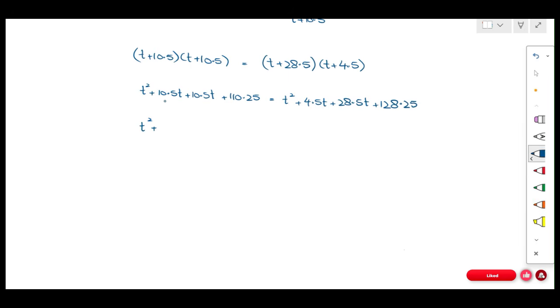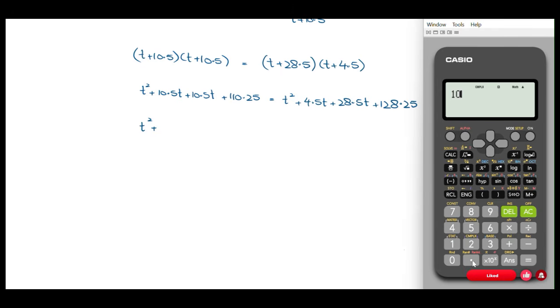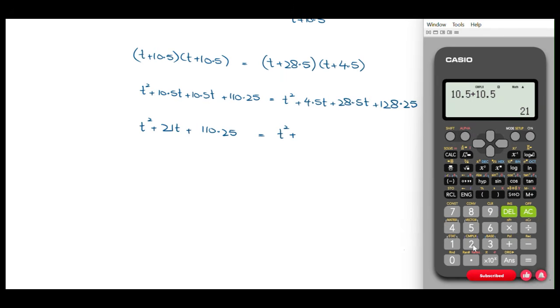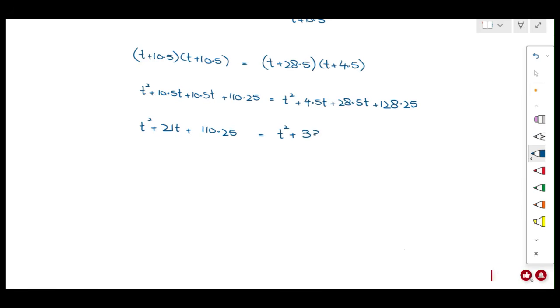Now let me simplify this. t squared plus 10.5t plus 10.5t, that is 21t, plus 110.25, equals t squared plus 28.5 plus 4.5, which is 33t, plus 128.25.